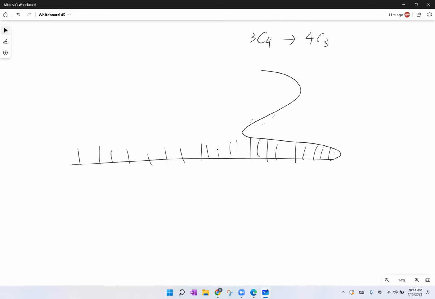So that creates a voltage difference. And what's going to happen if you create a voltage difference? You generate current, okay?